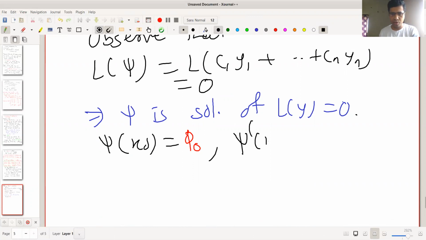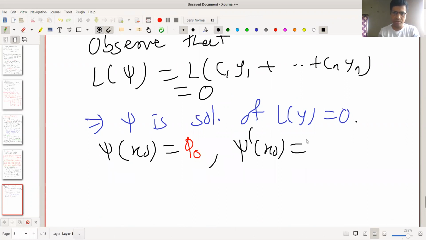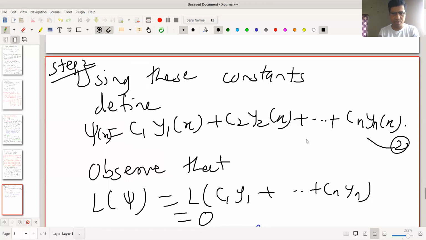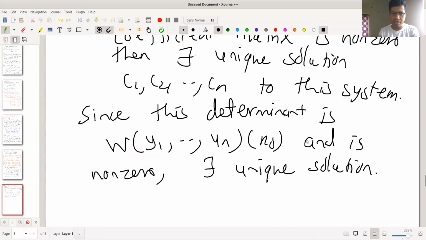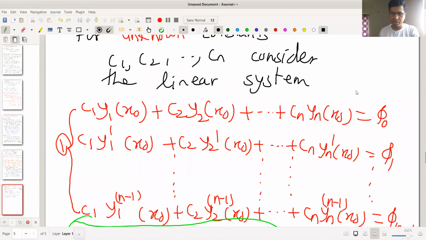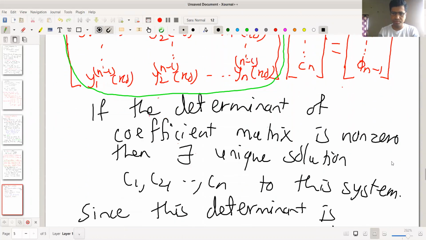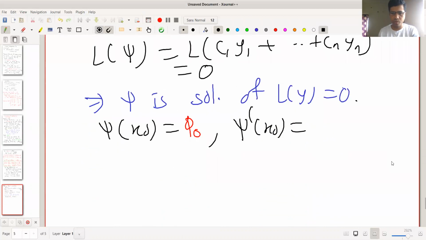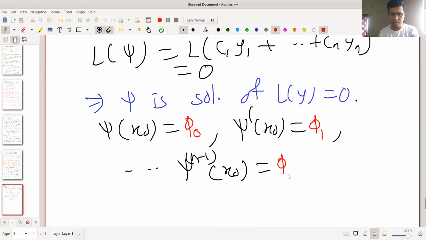Similarly, psi dash of x naught is c1 into y1 dash x naught plus c2 into y2 dash x naught plus and so on, cn into yn dash of x naught, and it is nothing but phi 1. And so on. The n minus 1 order derivative of psi at x naught is phi n minus 1.